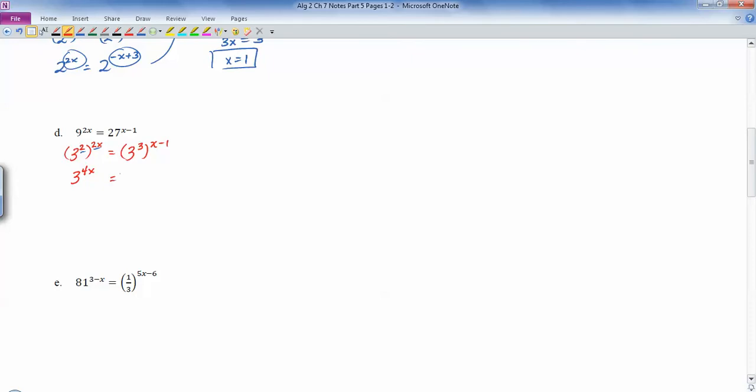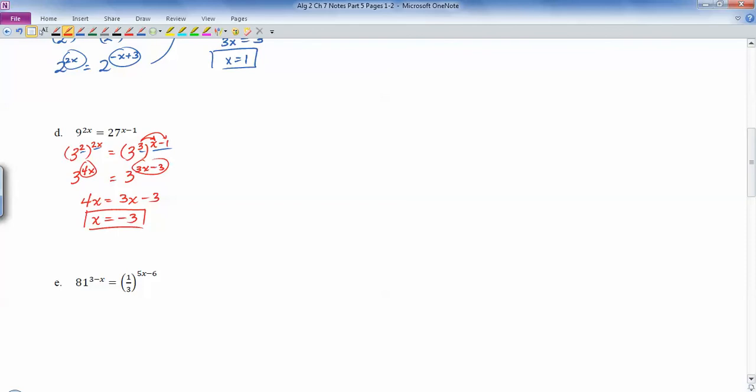And then the same deal over here, I've got power to a power, so I'm going to get 3 to the 3x minus 3, because I'm multiplying this times that and this times that. And now, since the bases are the same, the exponents are equal. And I can subtract 3x, and I'll get x equals negative 3, and there's that answer.